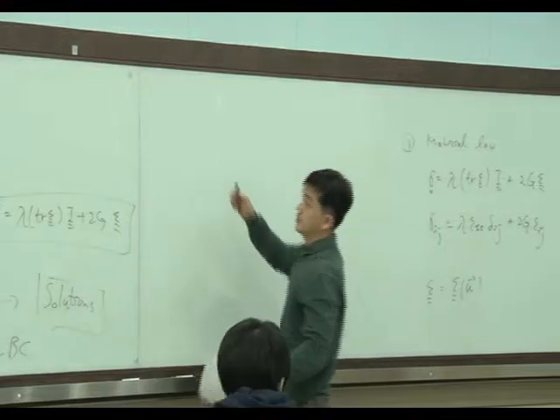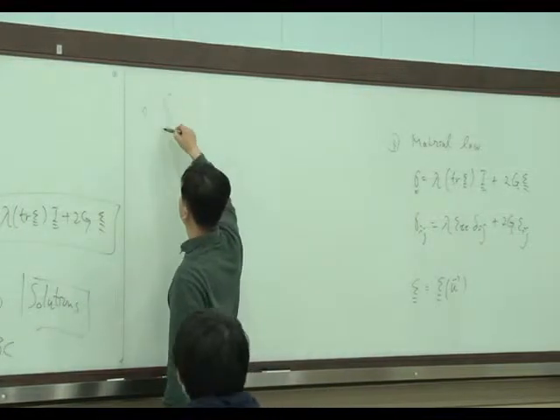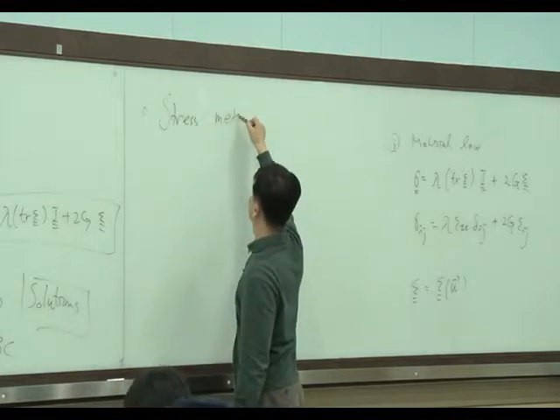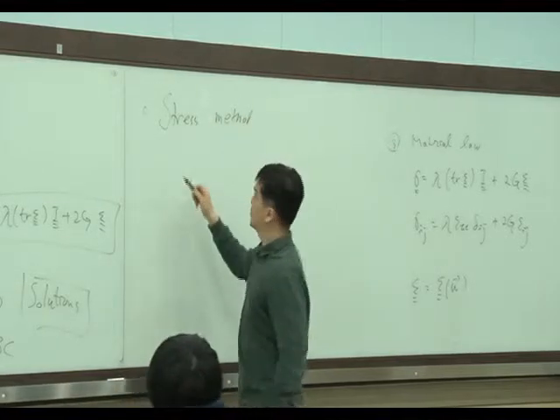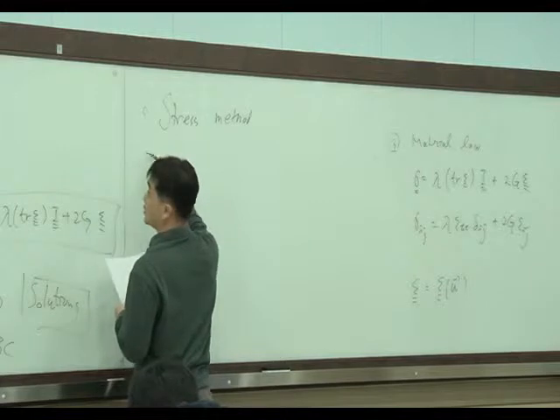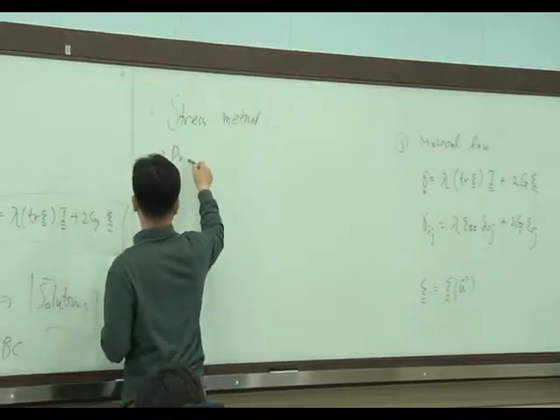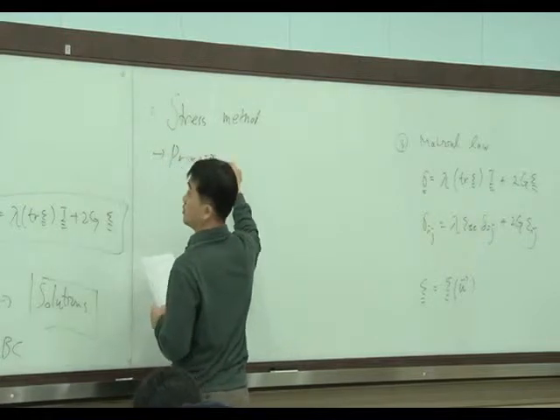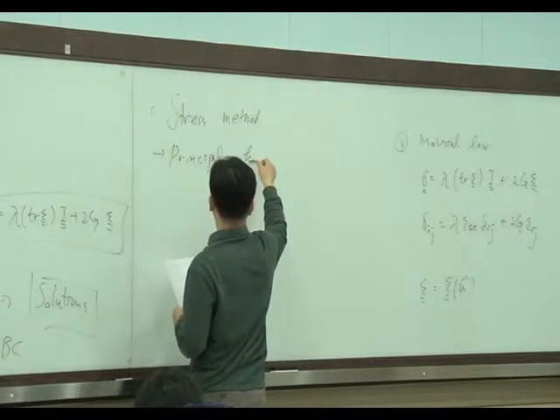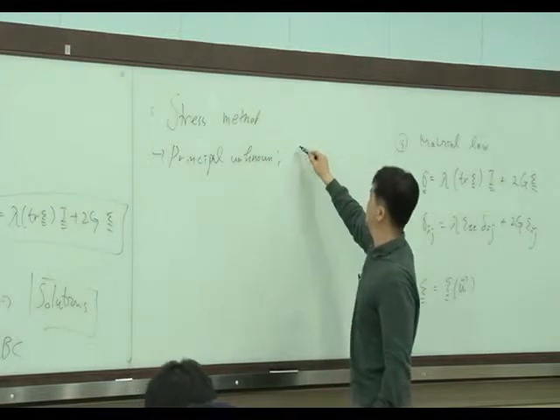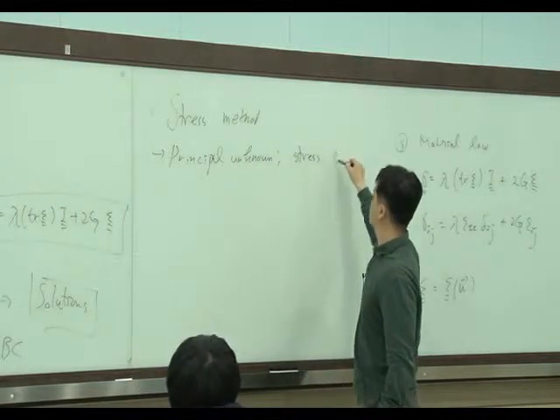And the other method is named the stress method. So the stress method, of course, the name is stress method. The principal unknown is stress. So stress.